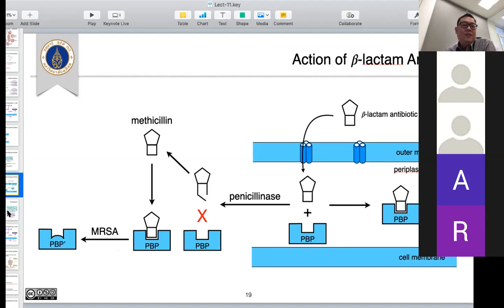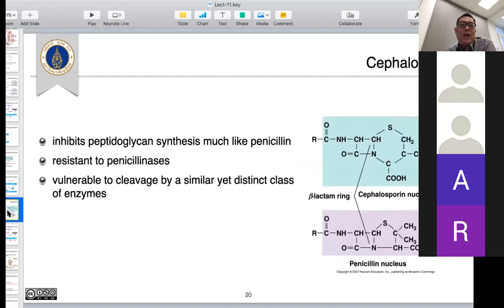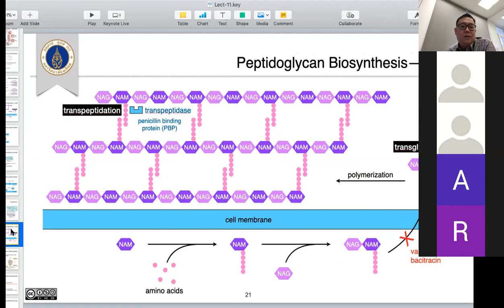All right. So the way we treat it, since penicillin doesn't work, we need to target with another antibiotic. It is vancomycin. Vancomycin is the last drug to fight Staph aureus.